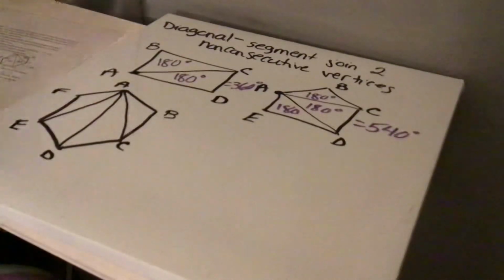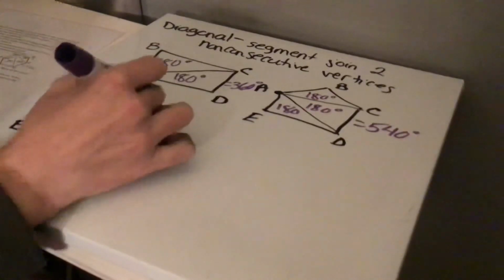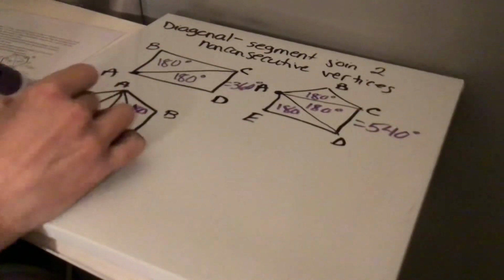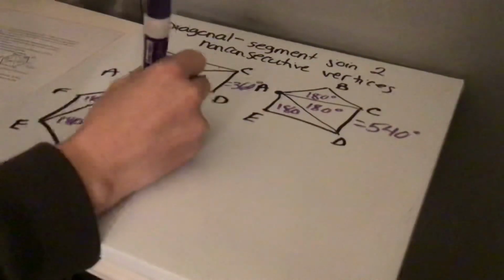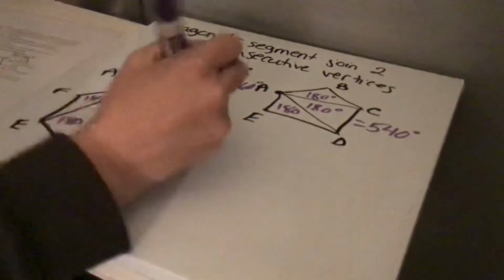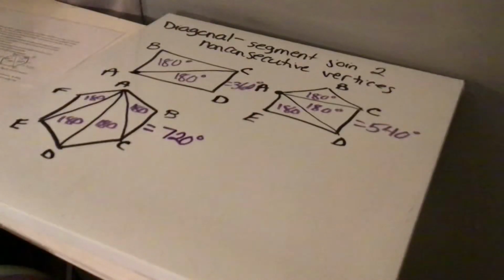In a hexagon, we have four triangles. Each of them, their angles add up to 180 because they have nothing that's shared, okay? So then the sum of those four triangles tells me that a hexagon adds up to 720 degrees. Okay? All right. So when you have a regular polygon, you know all the angles have the same measurement.